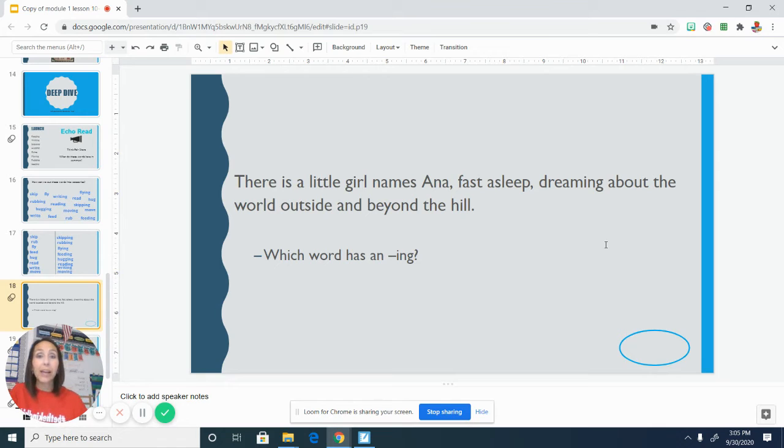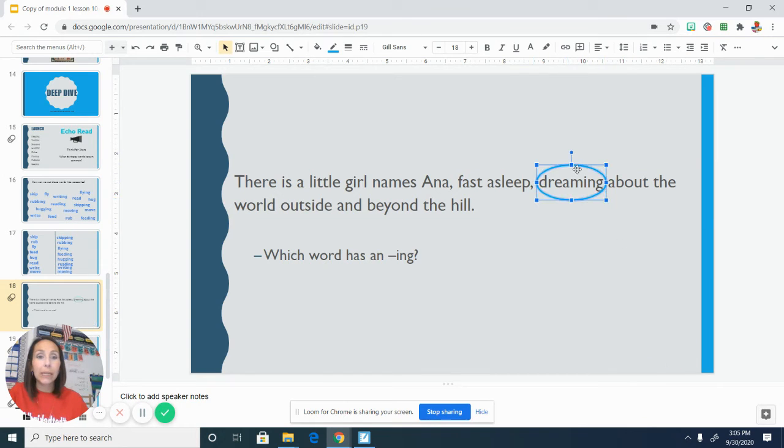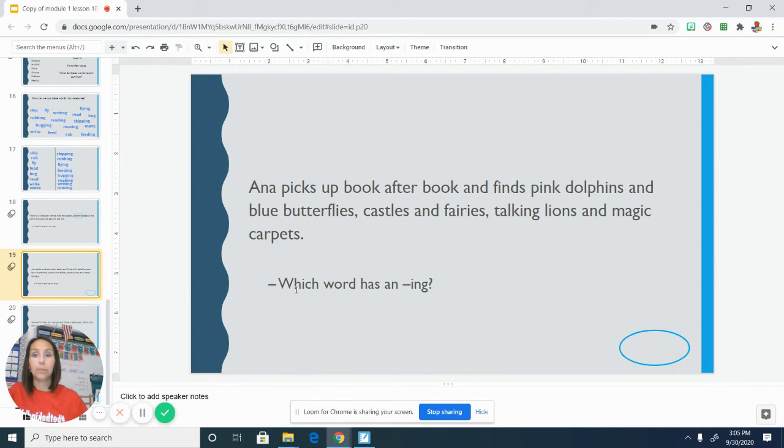Can you find the word that has ing in it? Yeah, that's right. I'm going to move this circle and put it right there for the word dreaming, right? Dream is the root word, and dreaming has our ing ending, meaning it's happening right now at that time that they're telling this story.